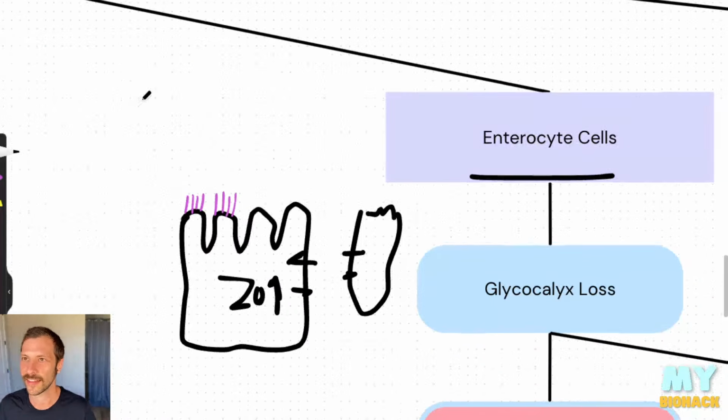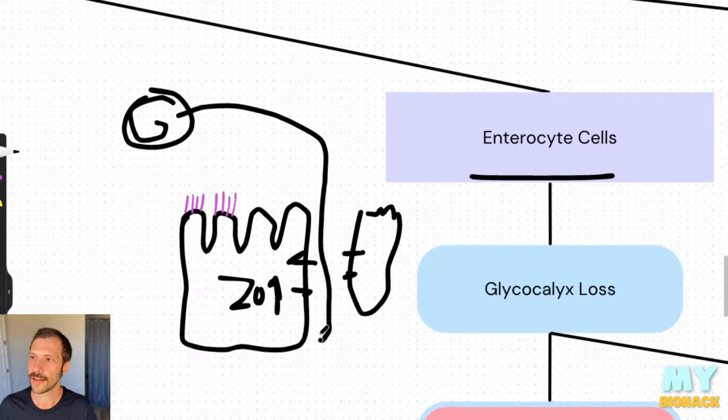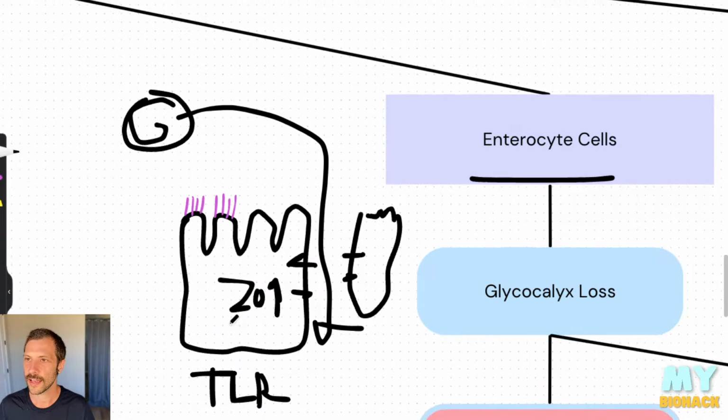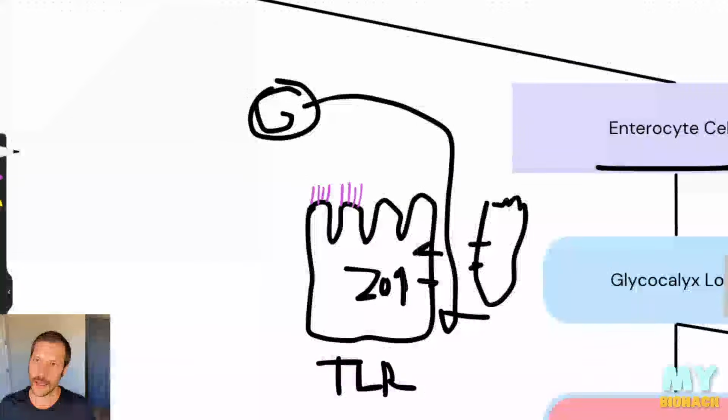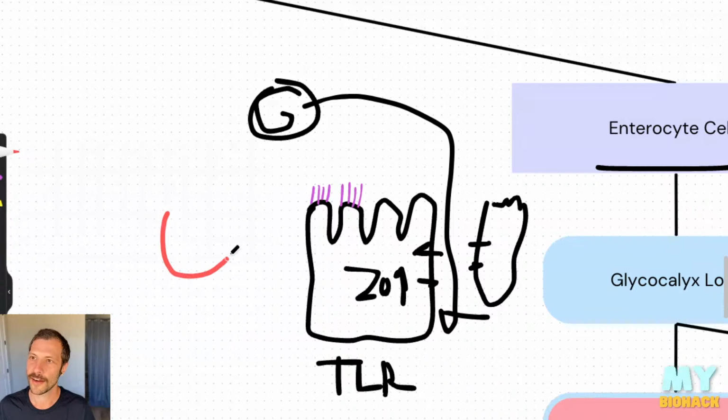Intestinal permeability, and things like gluten get in there nice and easy. They activate the innate immune system, those toll-like receptors, and then gluten can also get past it and get into places like your thyroid.